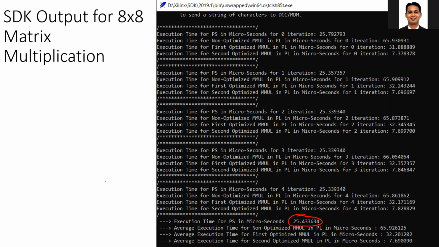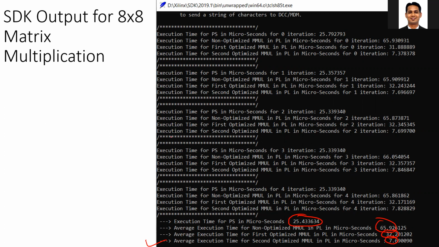The first version of our code, which was non-optimized, took 65 microseconds. By using pipelining in loop 3, it reduced to 32. And by using pipelining in loop 2, it has been reduced to 7.6, but at the cost of more resources. As the matrix size increases, we'll get further improvement in the acceleration factor.